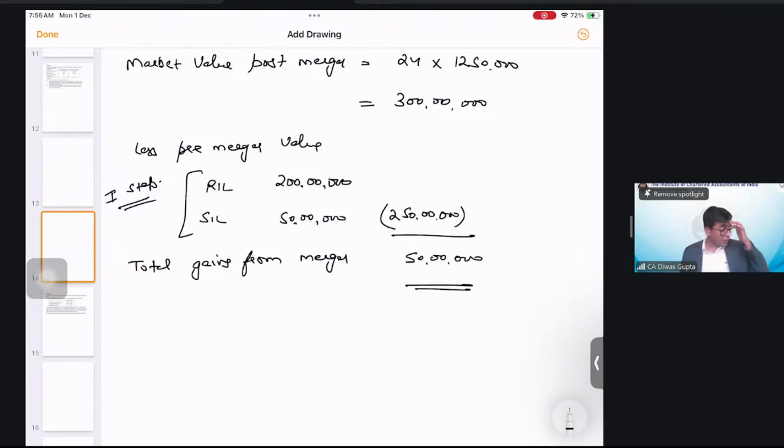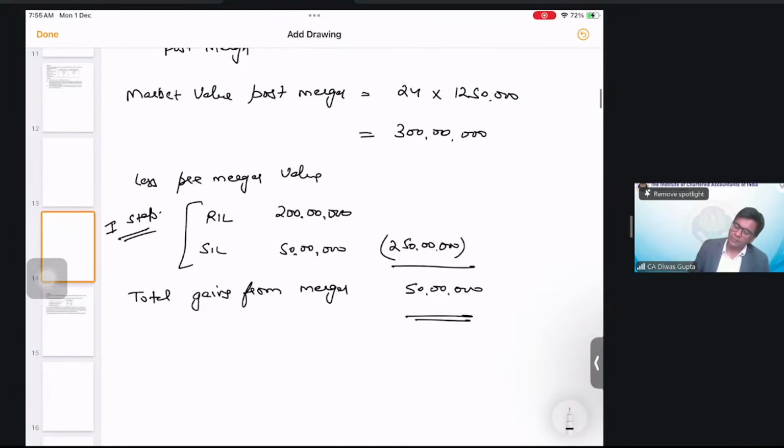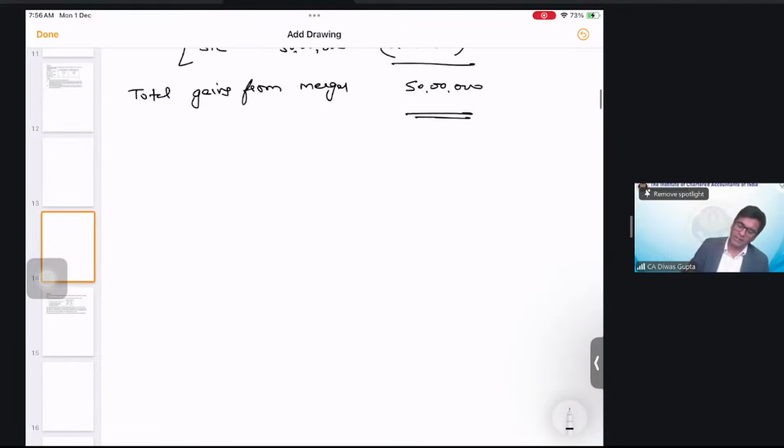Now, if we want to apportion the gain here, there are two different ways to do that, right? One, that how much percentage of holding of SIL is represented into the post-merger amounts. That is simply 2,50,000 divided by 12,50,000 number of shares, right? And there is one more way. So I'm just taking the other way.